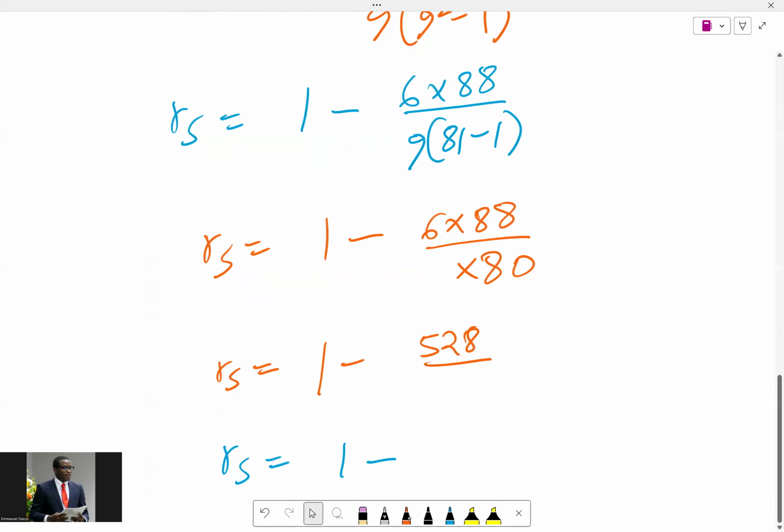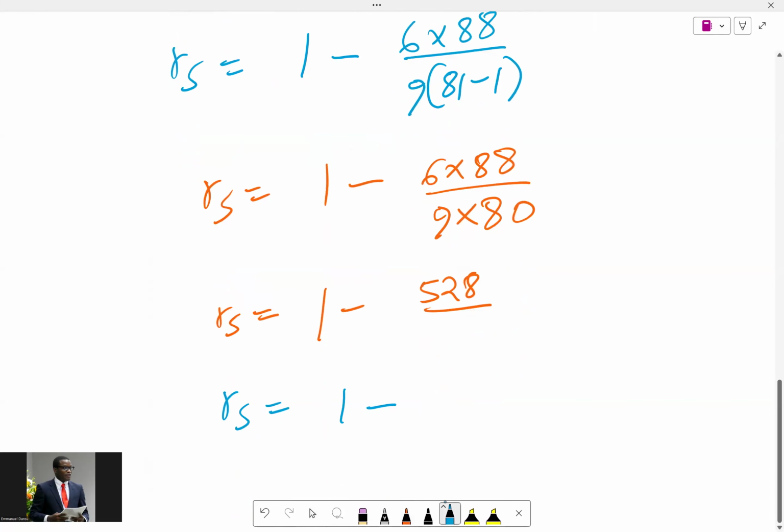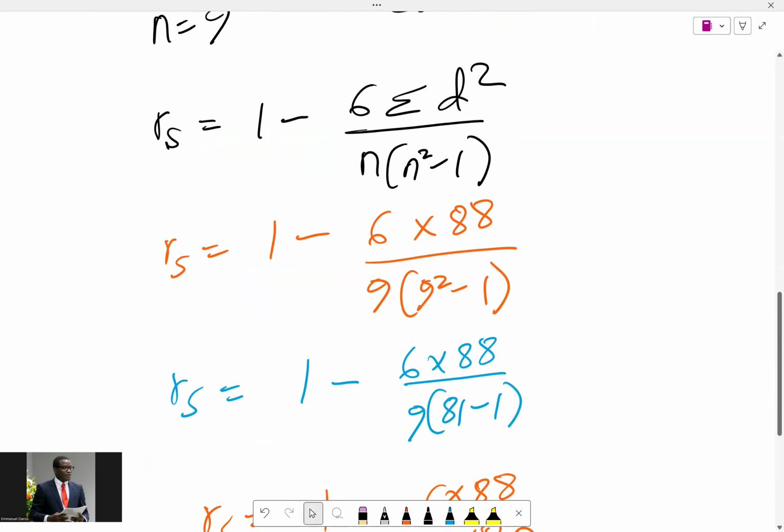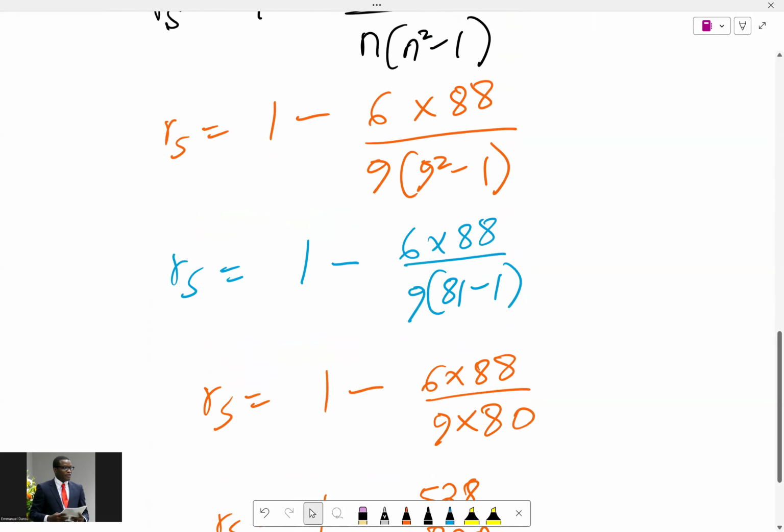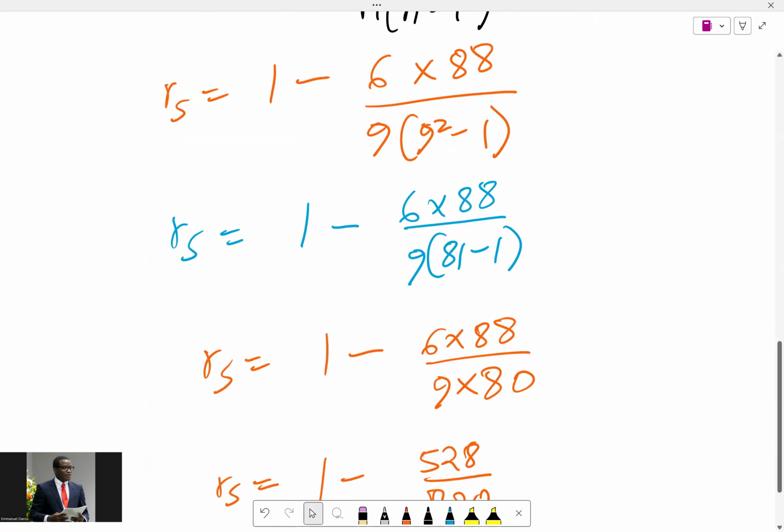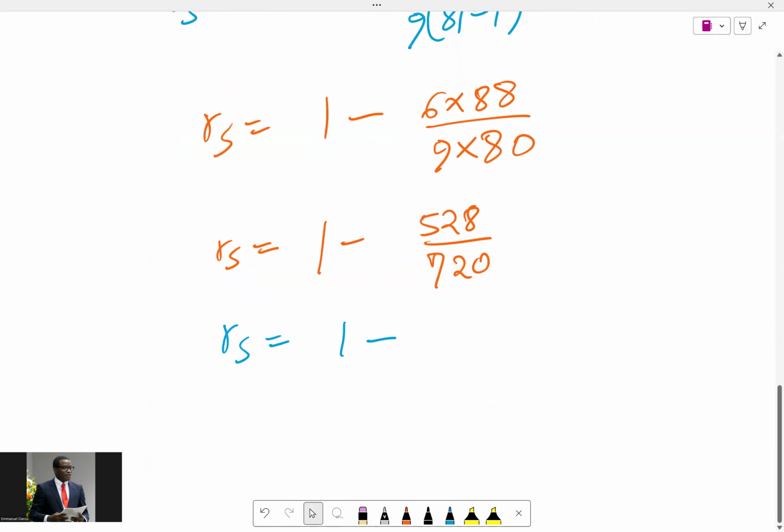So 9 times 80 is 720 for sure. Now I'm happy, because I was already wondering why it was going to be negative. It can actually be negative, but let it be negative for real, not because of any error. So this is 528 divided by 720.